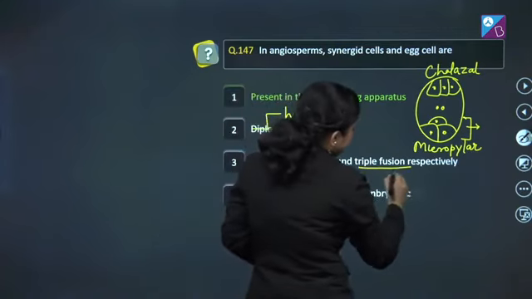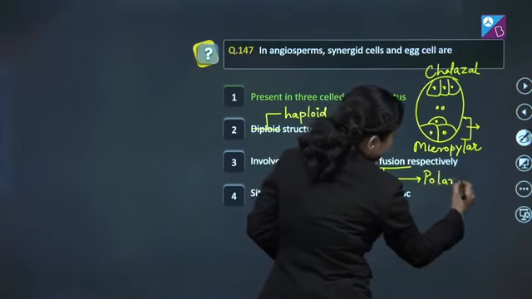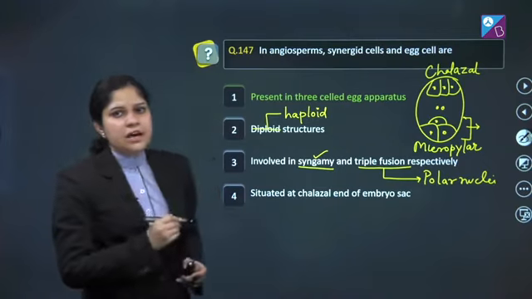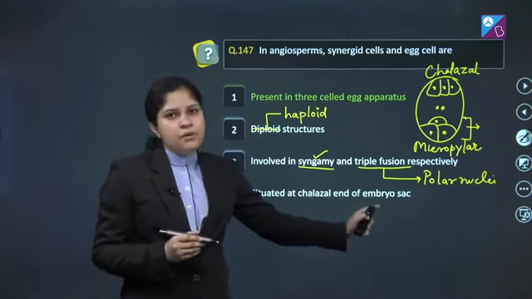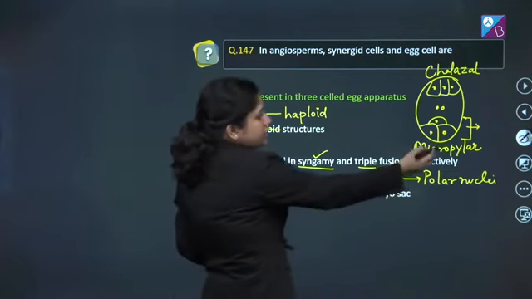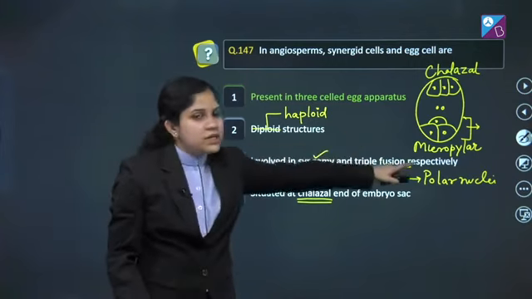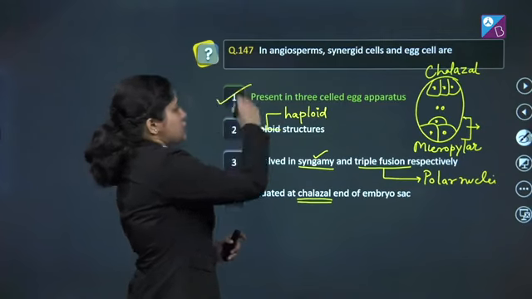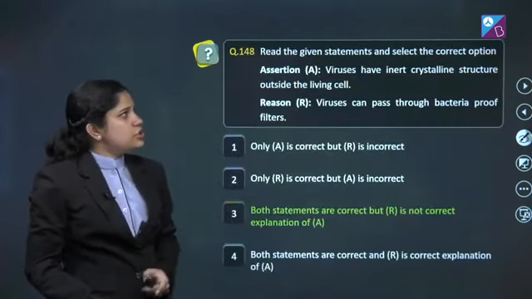However, triple fusion requires the fusion of polar nuclei with the male gamete. Fourth, situated at chalazal end of embryo sac. This is also incorrect as it's clearly depicted in this diagram that egg apparatus is towards the micropylar region. So the correct answer of this question is option number 1. Let's proceed to the next question.